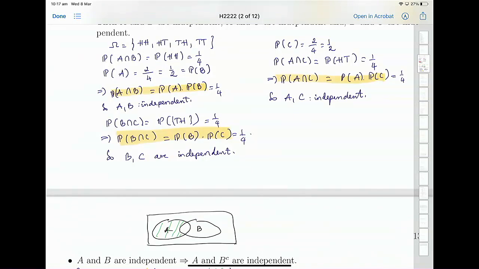How can we prove it? I have a picture for the case A and B, and then you need to show that A and B complement are independent. How can we show A and B complement are independent?